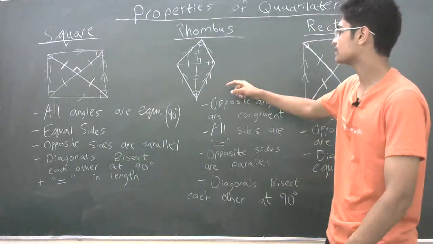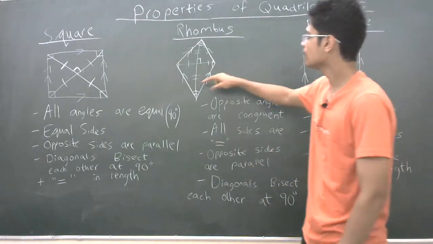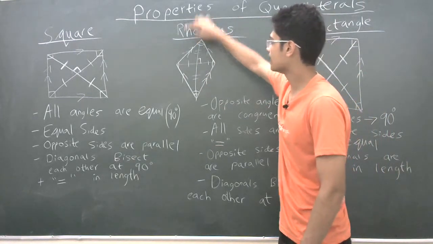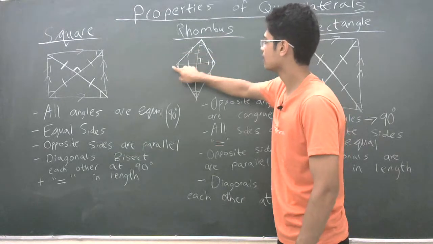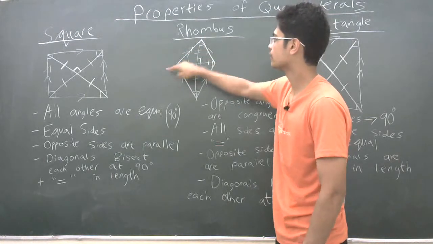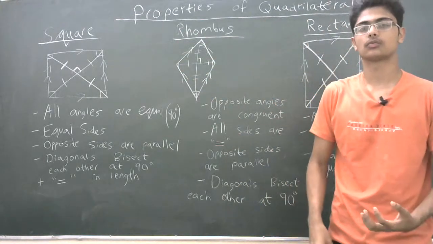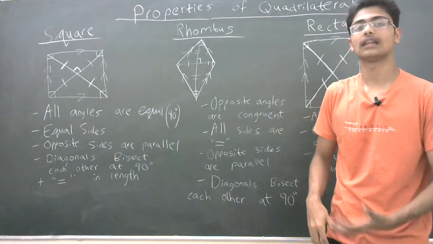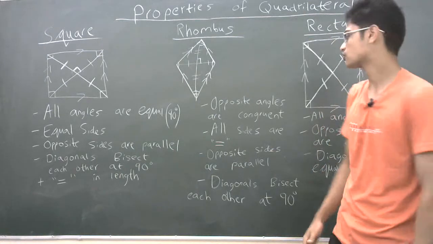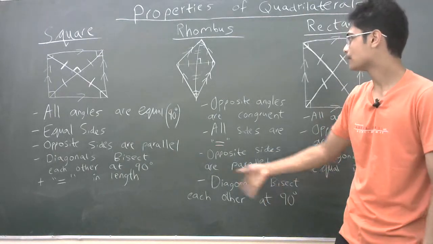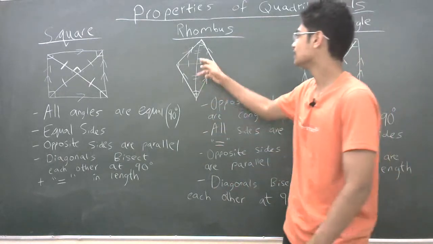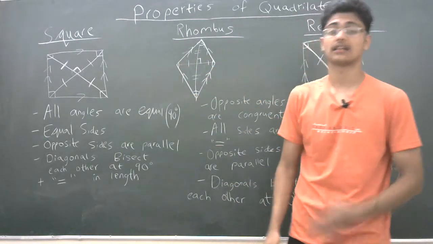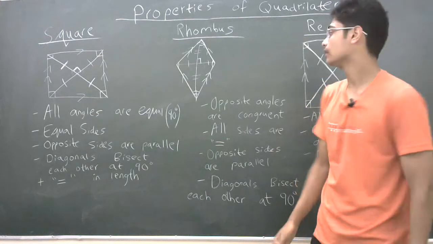Again, using that same concept, if you were to extend these two sides and then extend this up here and down here, you would see that a transversal cutting two parallel lines, a figure like that would emerge, and then you can apply those rules. And so diagonals again bisect each other at 90 degrees. However, unlike a square, a rhombus has diagonals that are not necessarily equal in length.